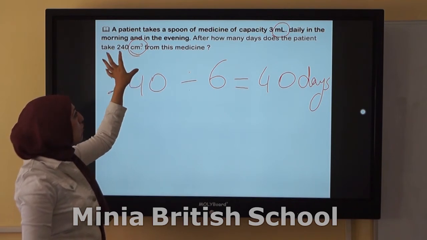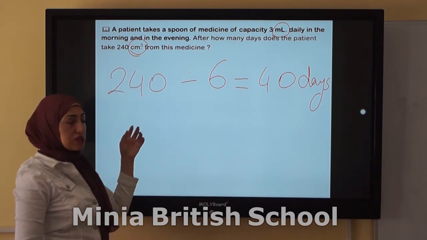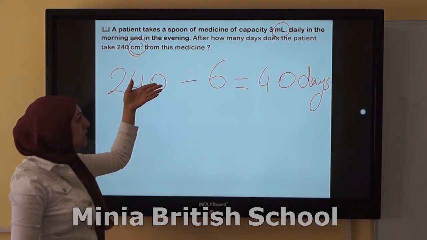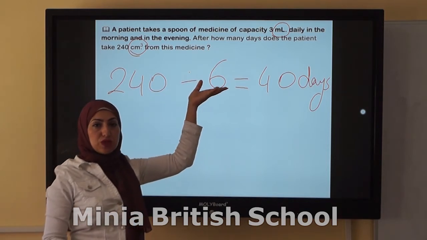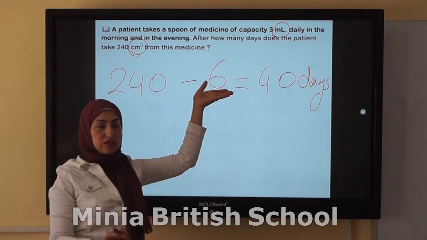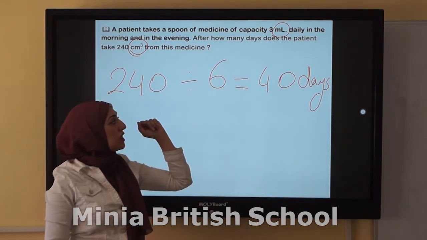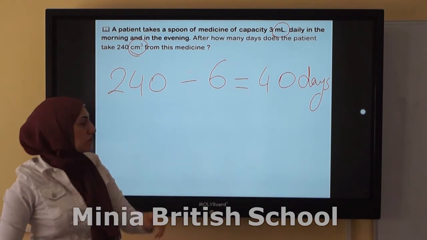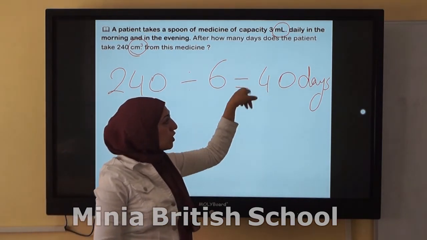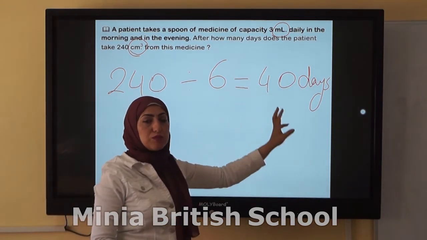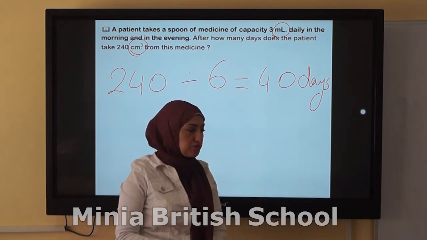I take all the amount of medicine, which is 240, divide by 6, the amount of medicine that he has every day, and divide them. So the quotient or the result is the number of days, okay?